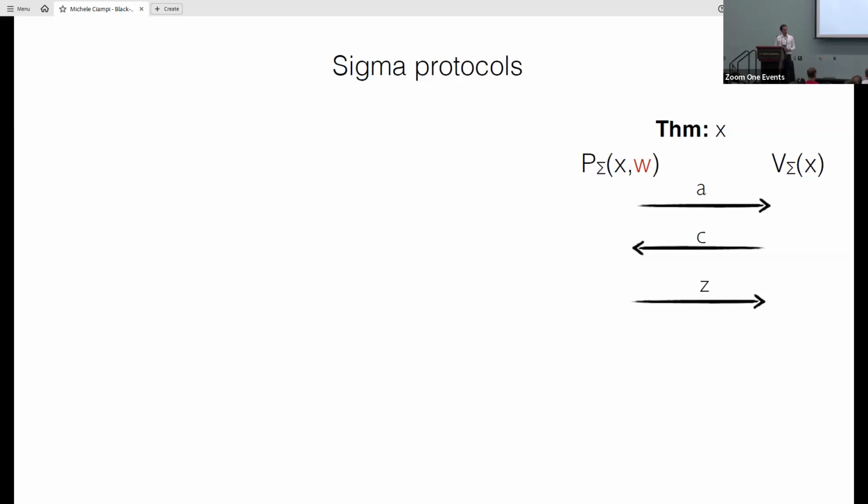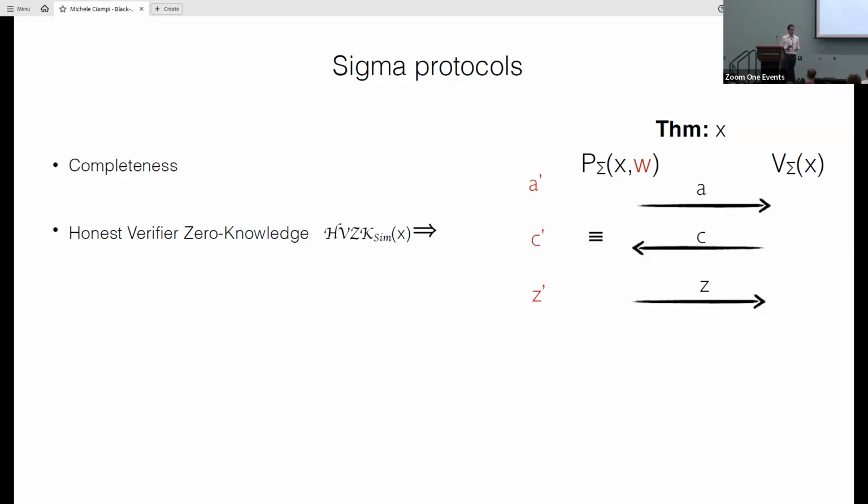The other main tool we are going to use is a Sigma protocol. So this is a 3-move protocol, where the second round is just a random string. So it's a public coin proof system, which enjoys completeness. Honest verifier zero knowledge means that you have a simulator that can return a transcript which is indistinguishable from a real world transcript where the witness is used.